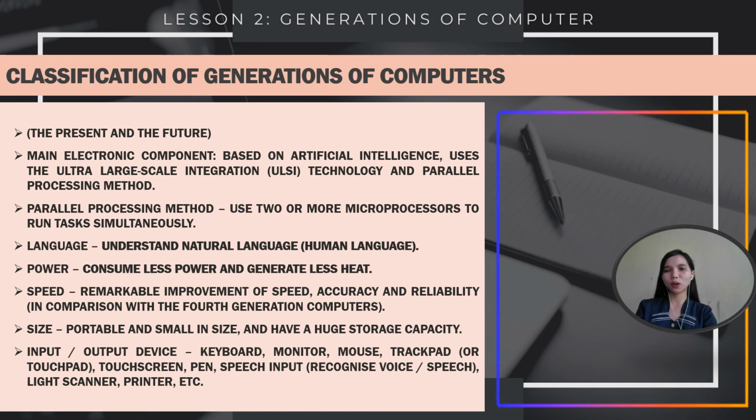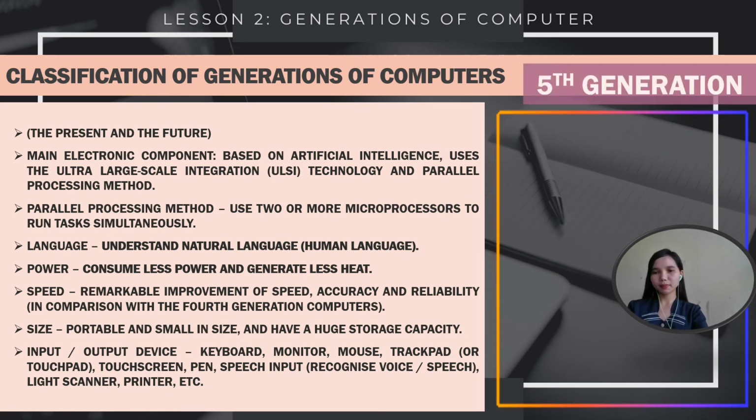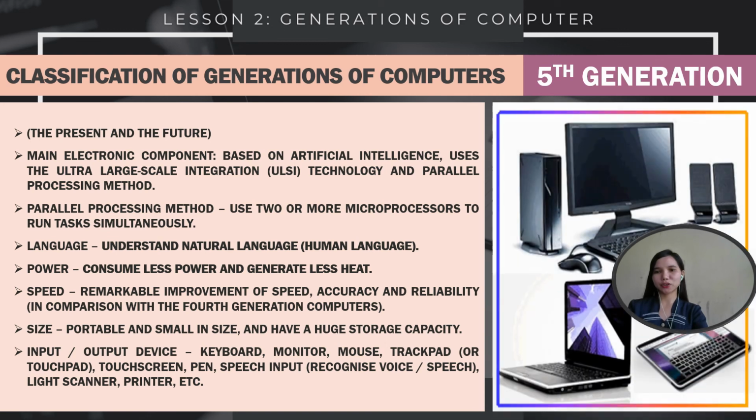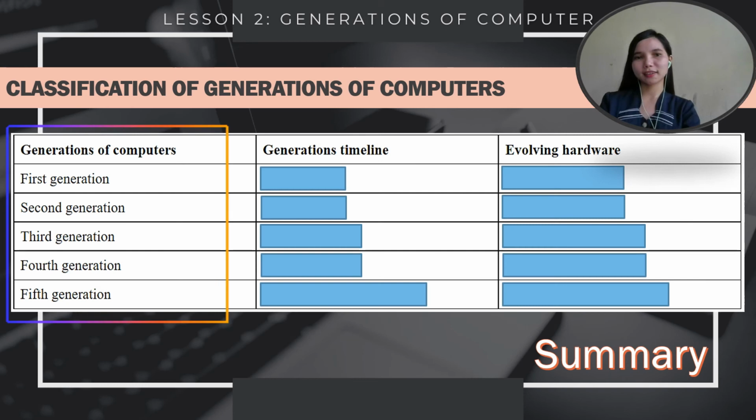It can store so many gigabytes, guys. The input and output include the keyboard, the monitor, the mouse, trackpad, touchpad, touchscreen, pen, and speech input; it recognizes voice or speech. Light scanner, the printer. That composes the fifth generation. Lighter, comfortable to use. Next.